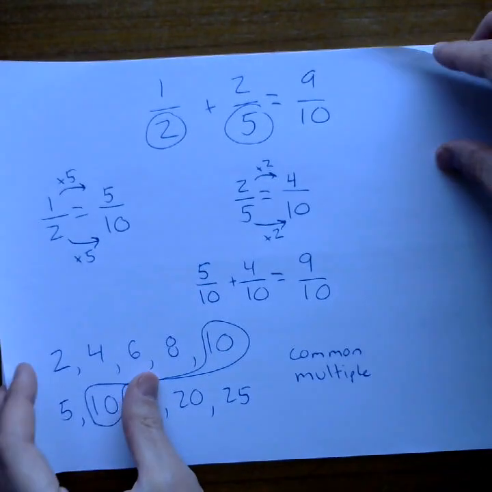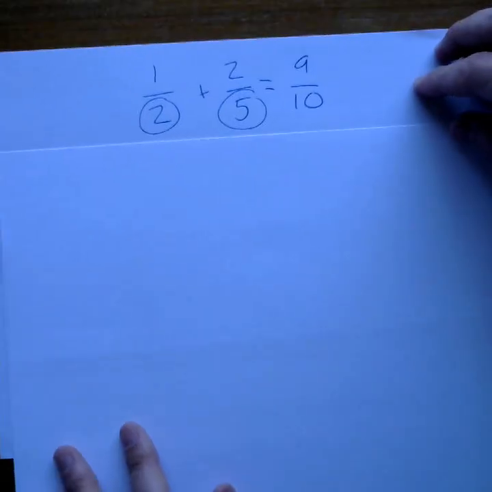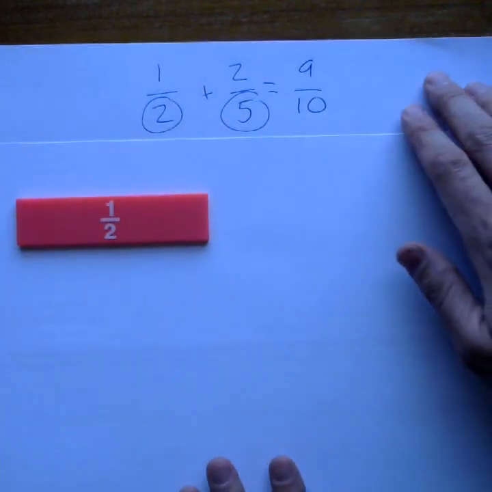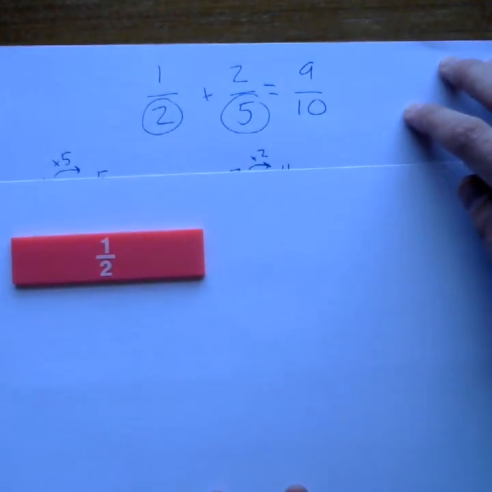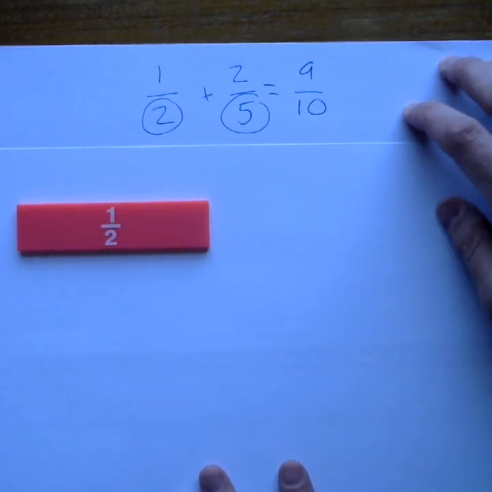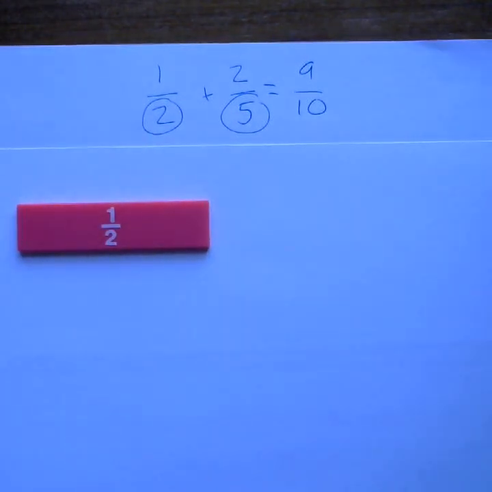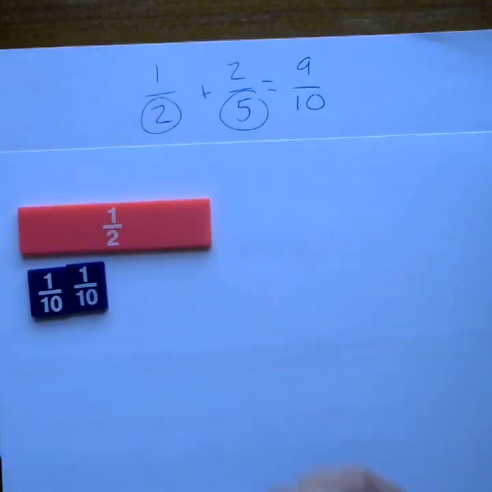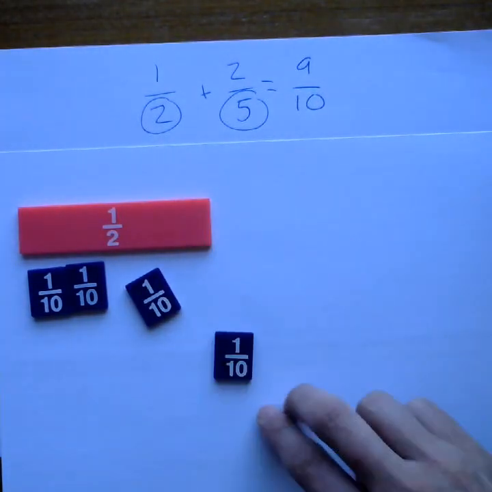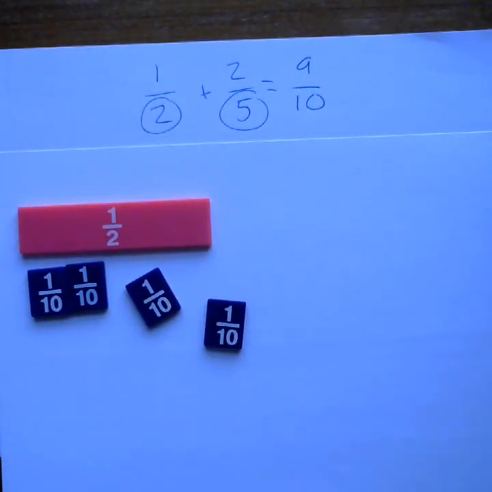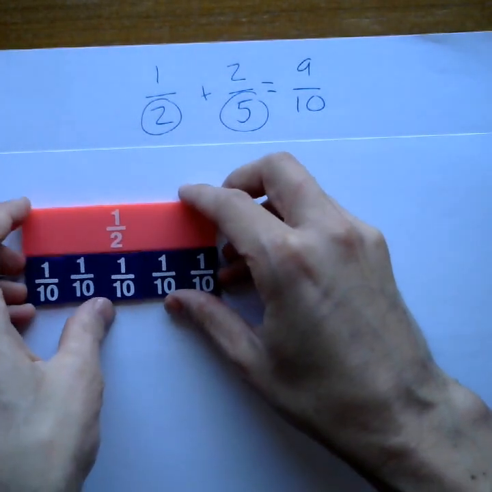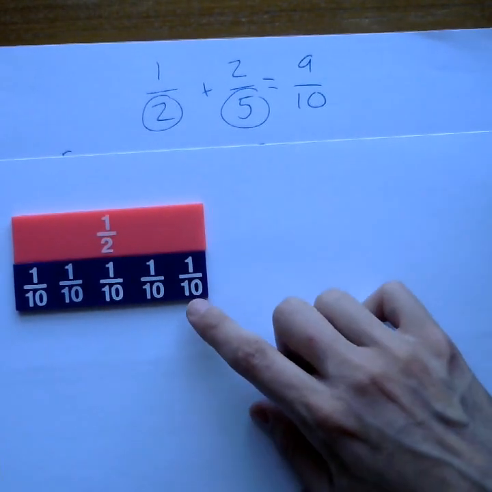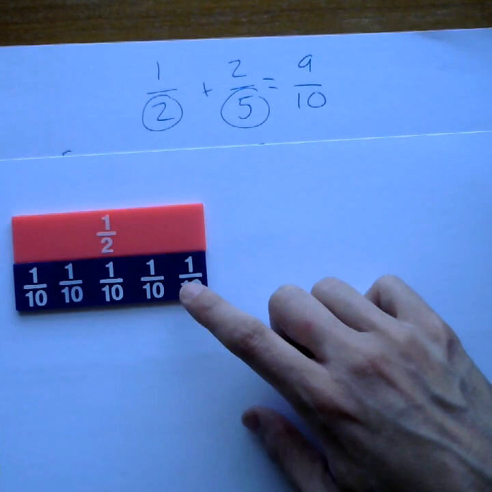Now let's check this with fraction tiles just to make sure that we've done this correctly. 1/2 plus 2/5. So 1/2 looks like this, and we said that 1/2 is the same as 5 tenths. So let me grab my tenths. 1, 2, 3, 4, and 5. 1/2, in fact, does equal 5 tenths, like we said, because the tenths are 5 times as small as halves.